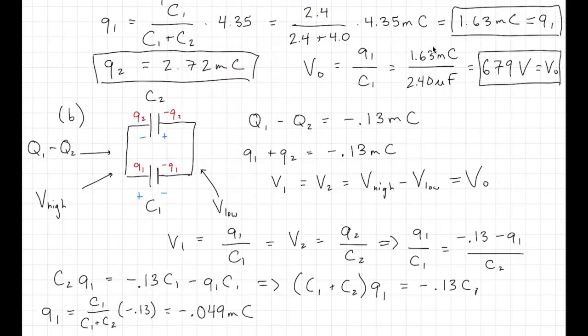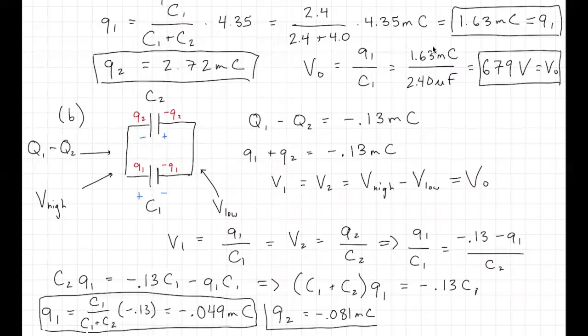Okay, so that's Q1. And then Q2, if we take a difference, we should get 0.081 millicoulombs, because that should add up to the negative 0.13 that we had before.